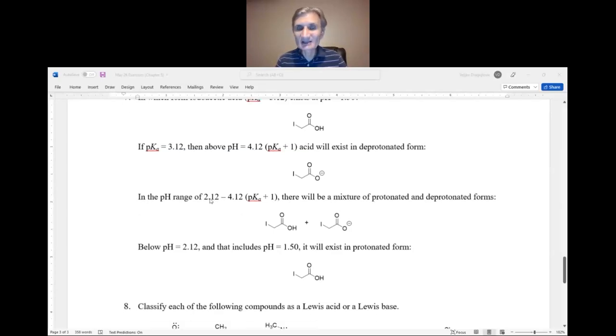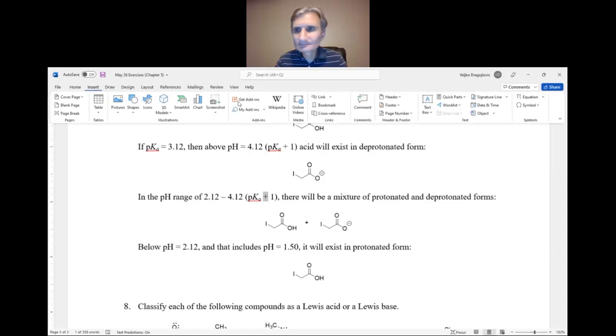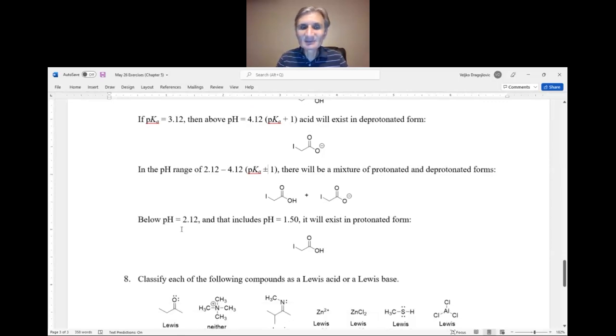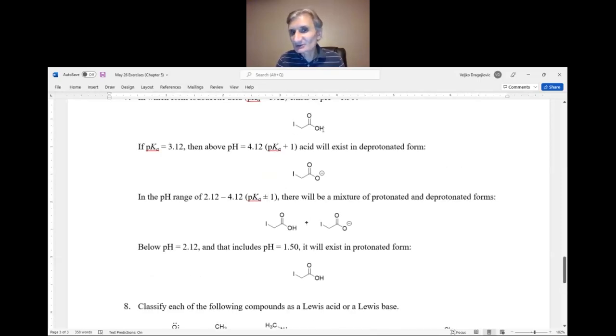If pH is in the range of 2.12 to 4.12, pKa plus minus 1, there's going to be a mixture of protonated and deprotonated forms. And finally, if pH is below 2.12, and that includes pH of 1.50 from the question, then the acid will exist in protonated form. That means that's the protonated form.